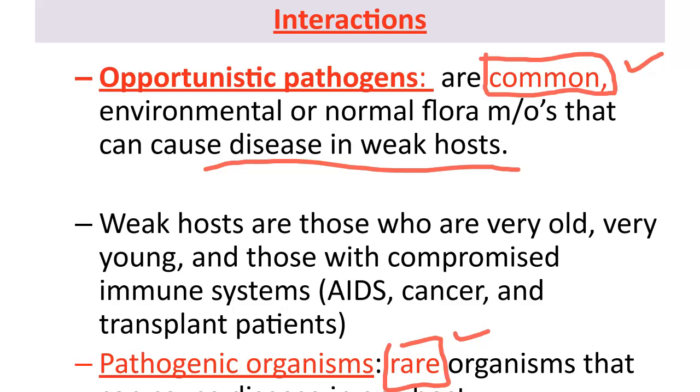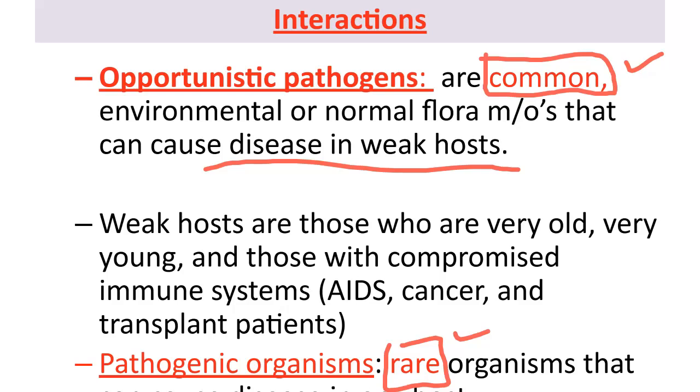So it is a common organism in the environment because we have it in our bodies and it sheds from our bodies. And it would not cause disease unless it is introduced into a weak host and in a location where it shouldn't be. So that's a good example of an opportunistic pathogen.